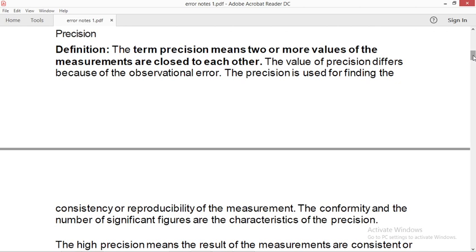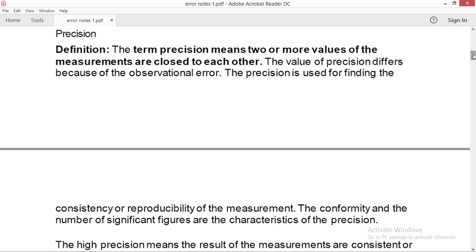So precision is where the difference between those three values is very minimum. The value of precision differs because of observational error. It's the same thing that we are measuring at three different places. If we are getting different values, it is just because of the observation that we are doing.